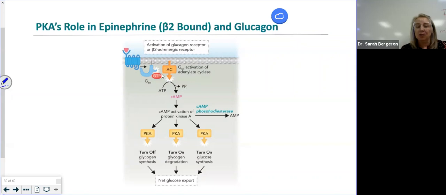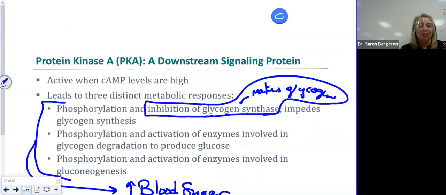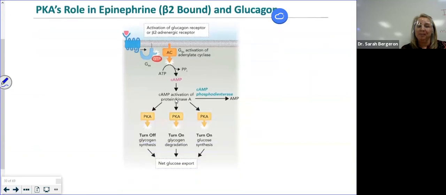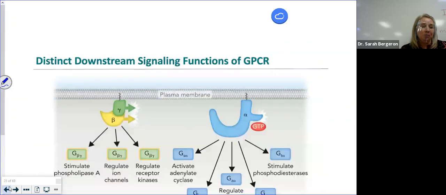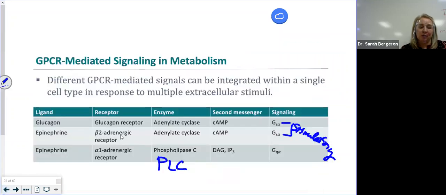All right? So this is just a visual representation of this. So for this, the ligand is glucagon. Well, so this is the beta-2 adrenergic receptor. So go back to your table, your beta-2 adrenergic receptor. It is going to be activated by epinephrine.